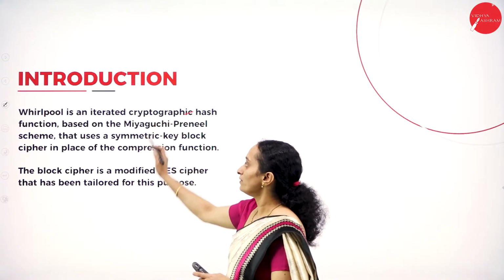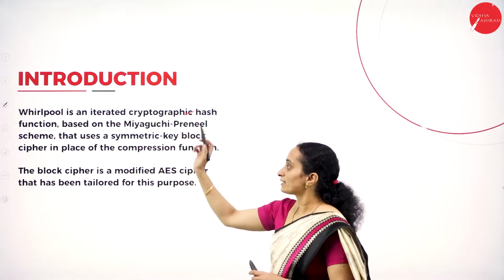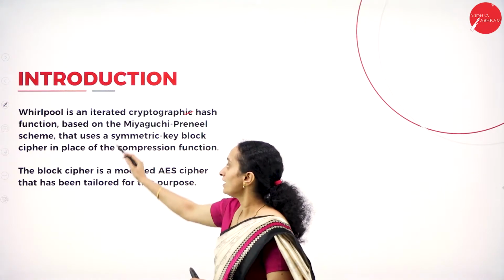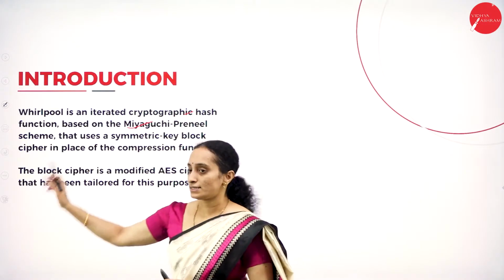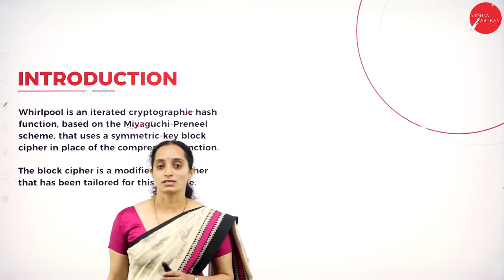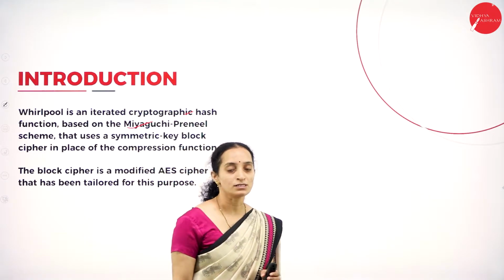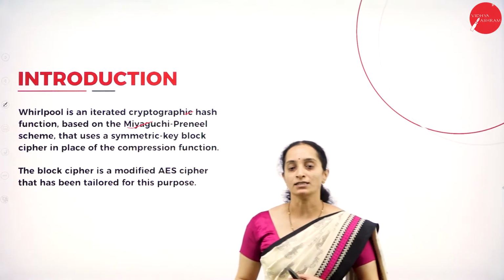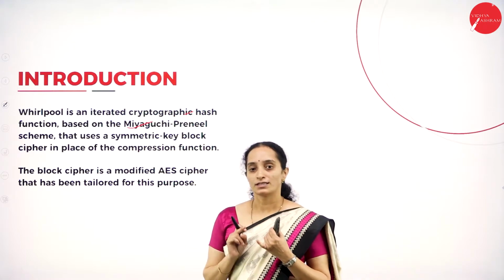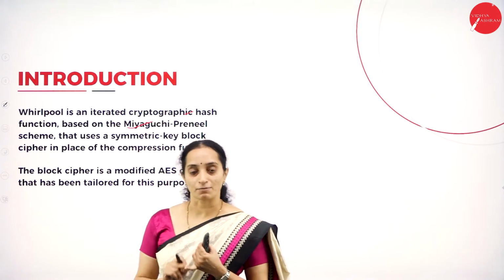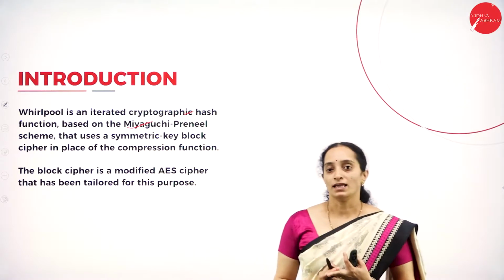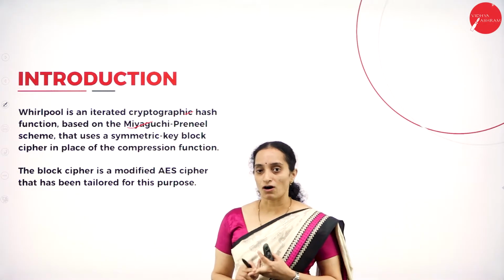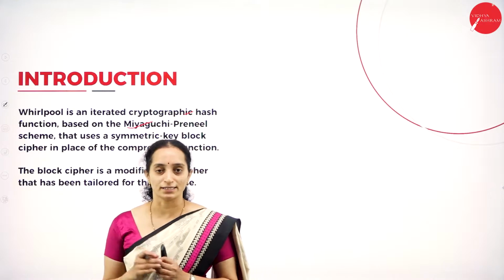So Whirlpool is an iterated cryptographic hash function based on the Miyaguchi-Preneel scheme of producing the digest. We use the cipher method to include the cryptographic element, that is the plain text, the cipher text as well as the key will all be XORed to get a new digest, isn't it?